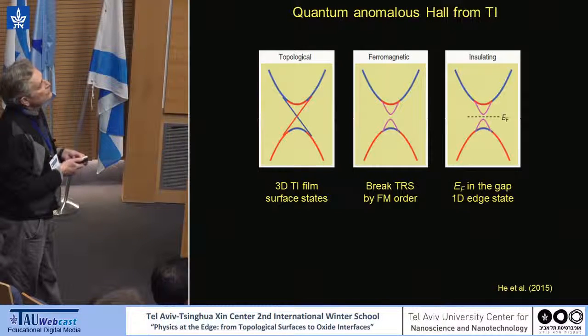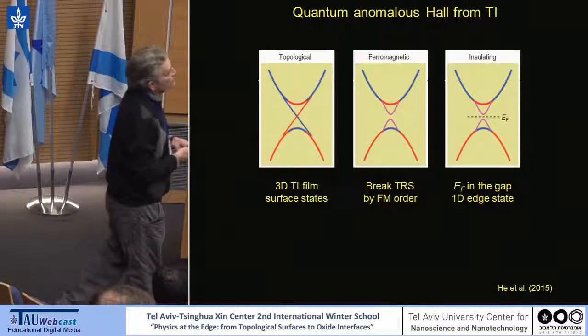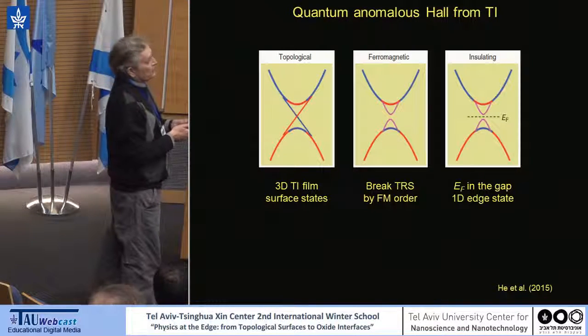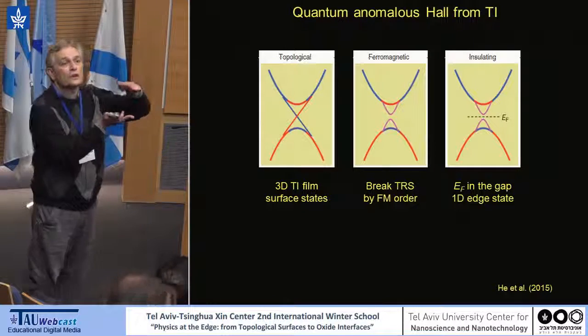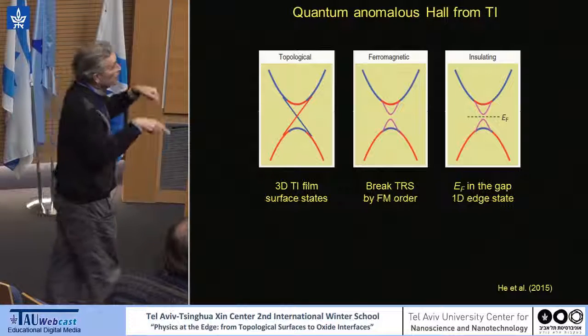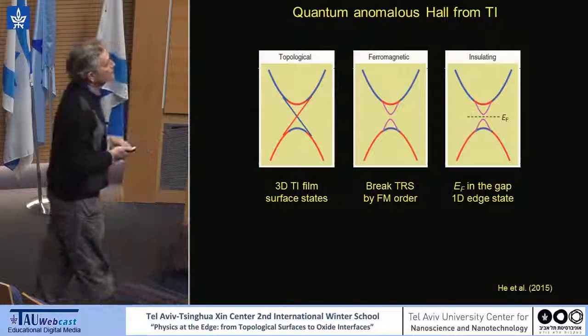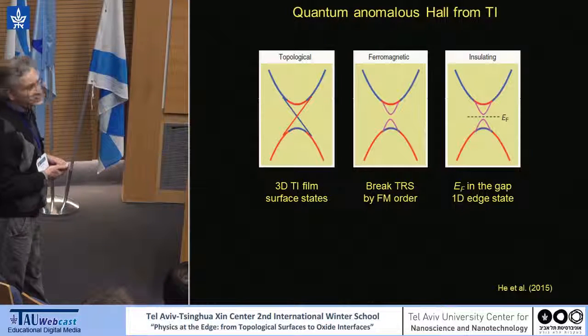And if you tune your Fermi energy into this gap, then you have a gap in the bulk, you have a gap in the top and bottom surfaces, and you end up with edge states at the edges of your film. So this is the theoretical recipe for achieving the quantum anomalous Hall state.